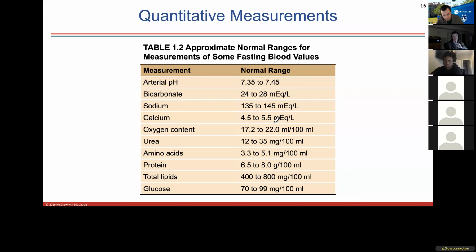Not necessarily. Is it something to be cognizant of and pay attention to? Yes, it is. So when you're seeing these values and these numbers, I'm a values and numbers guy as much as the next person, but you have to take these numbers and look at the totality of an individual.